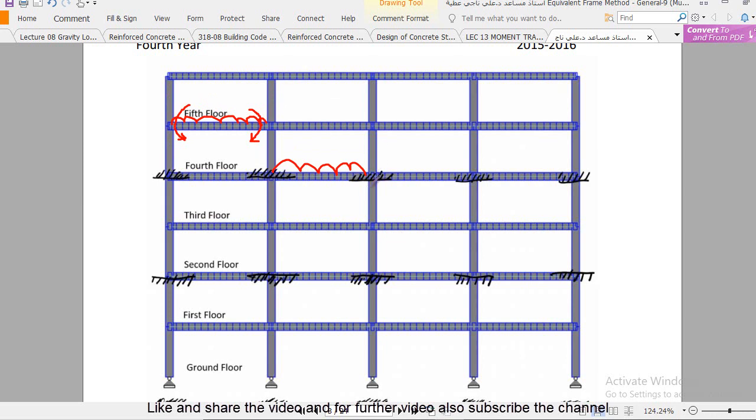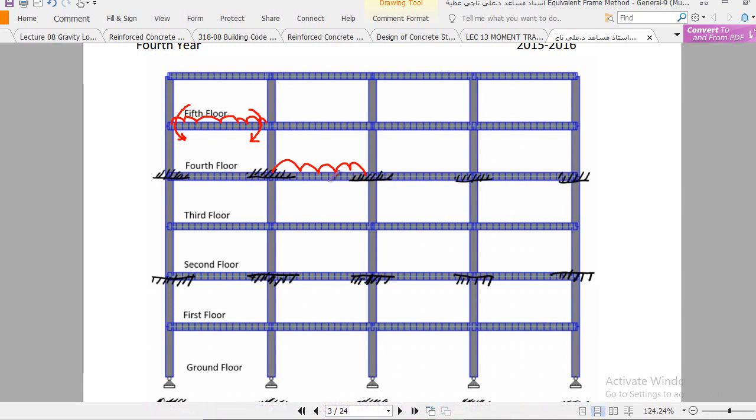So once you run the analysis in the equivalent frame method, you see the unbalanced moment at the different locations of each column. So due to pattern loading, by shuffling the live load from one span to another span, it will cause unbalanced moment.